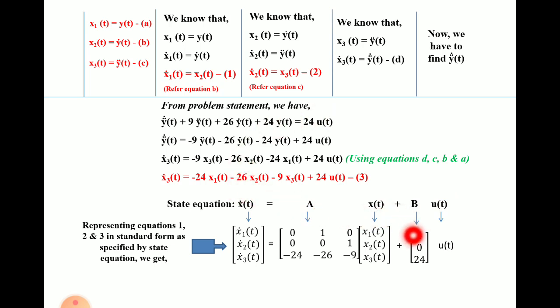So again you can observe the first row corresponds to x1 dot, the second row is x2 dot and the third row is x3 dot. In x1 dot of t we have no input term, so we have written 0. In x2 dot of t expression we have no input term, so we have written 0. But in x3 dot of t expression we have input term and the coefficient is 24 and therefore we have written 24. Now let us develop output equation.